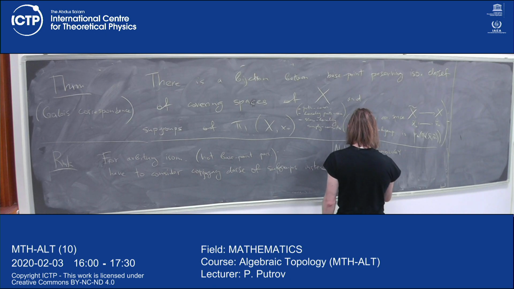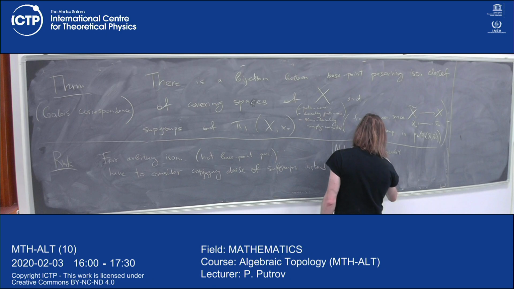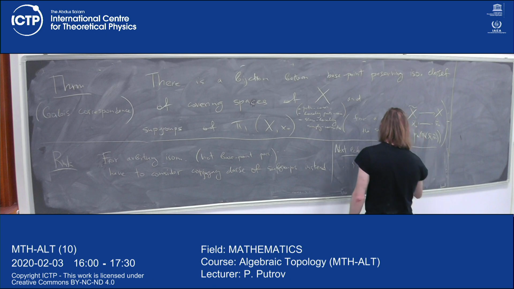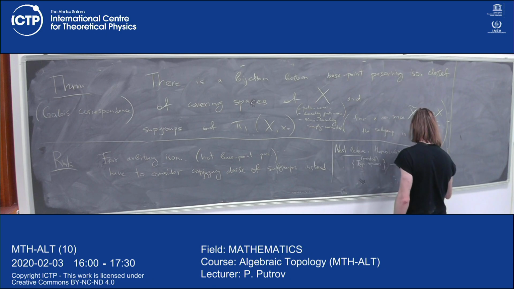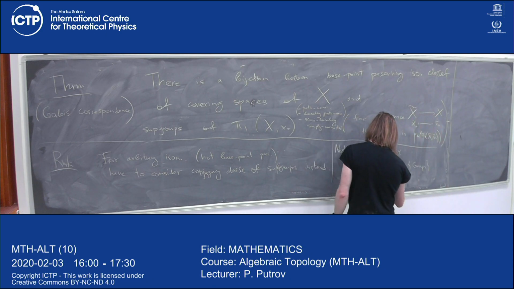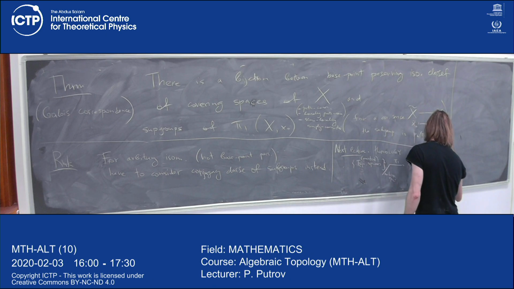For each pointed topological space, to be precise, because we want to fix some point, pi_1 gives me a group. And moreover, I can quotient over homotopy equivalence, and here I can quotient over isomorphism.